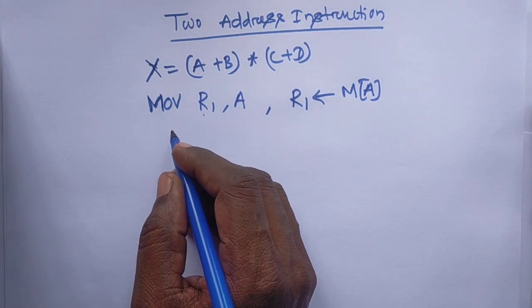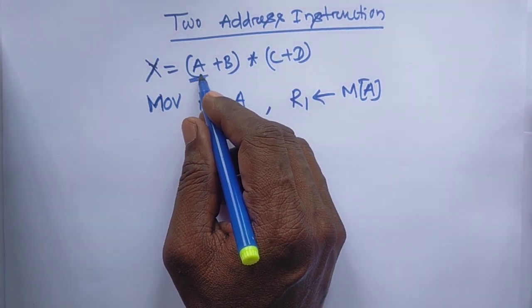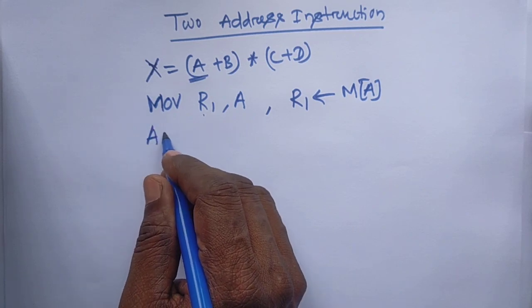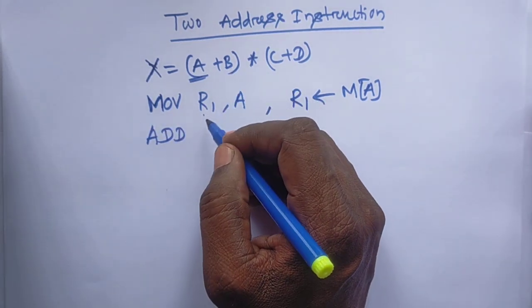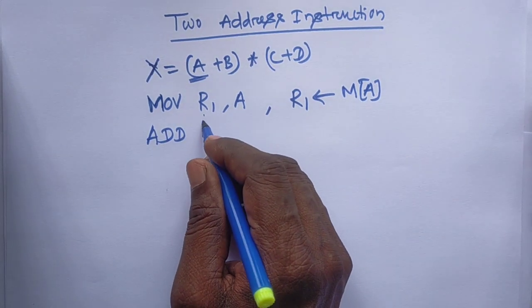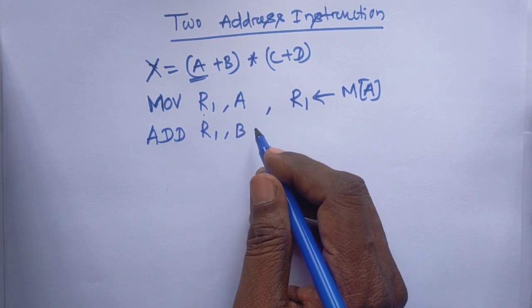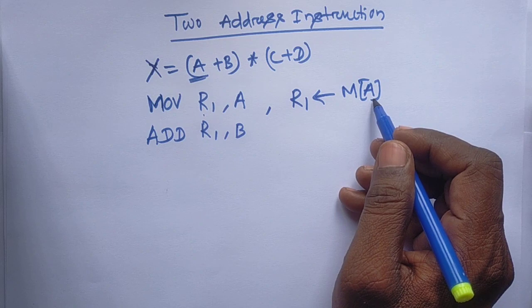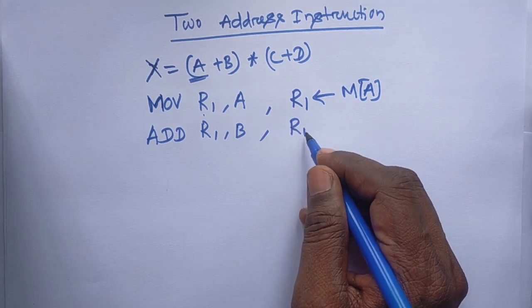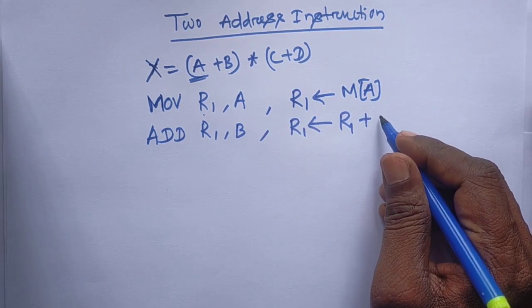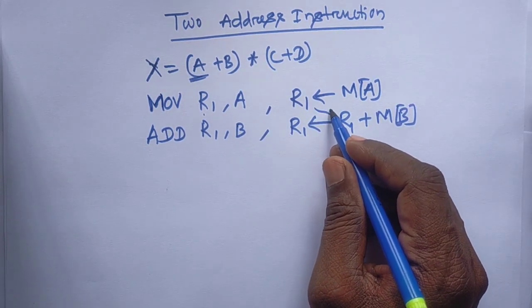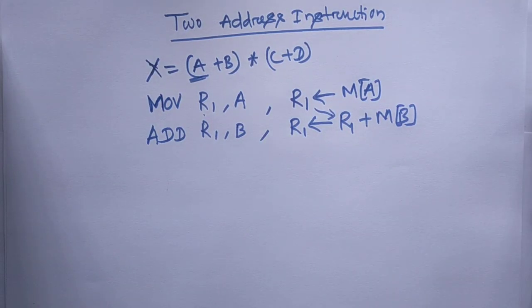Next, B is defined for the addition. One trick: ADD B with R1, because R1 already contains A. So we can write R1 = R1 + M[B].